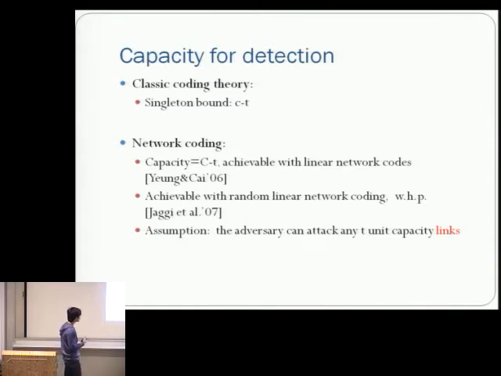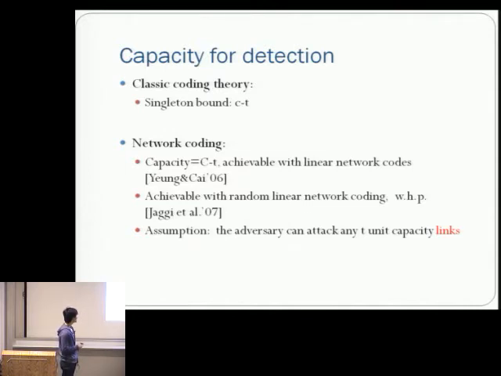They also show that this capacity of detection can be achieved with linear network codes. A year later, Jaggi and his co-workers found that this capacity can be achieved with random linear network codes with high probability. That's good, because random linear codes are very simple to implement distributively.